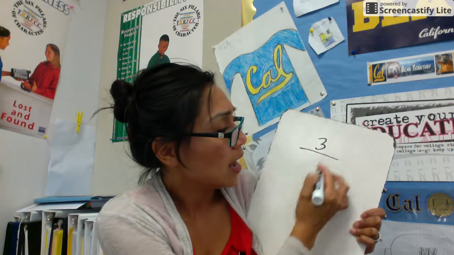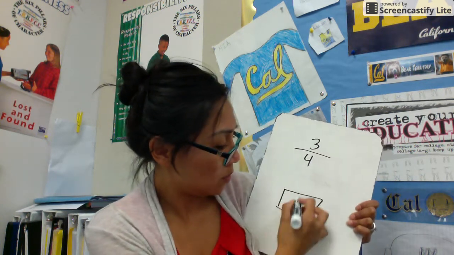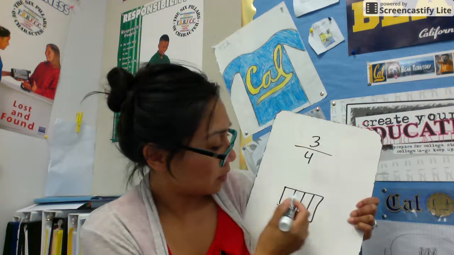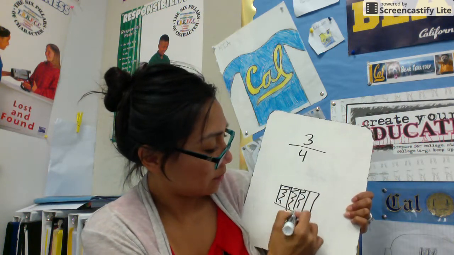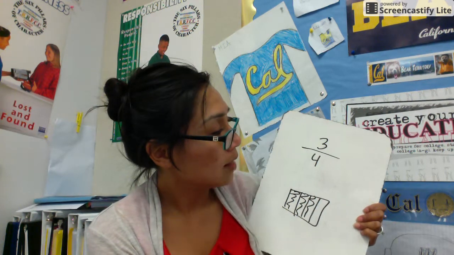Let's talk about fractions for a moment. Okay, fractions. We know that the numerator is the amount of pieces that are shaded. Let's just say there's 3 pieces shaded, okay? Let's use our last answer as the example. And the denominator is how many pieces in the whole. So this is really quickly showing that there's 3 pieces shaded, and there's 1, 2, 3, 4 pieces in the whole, okay?